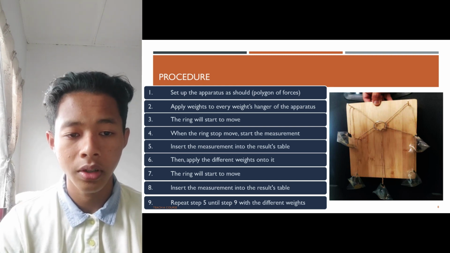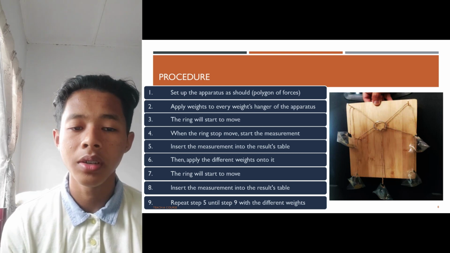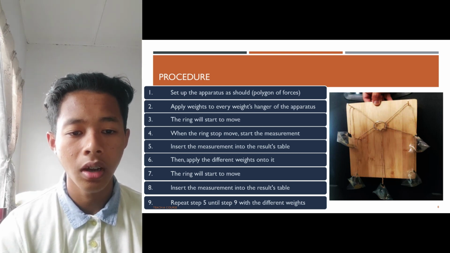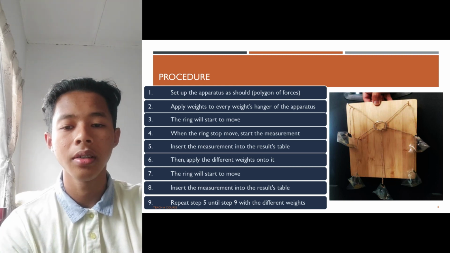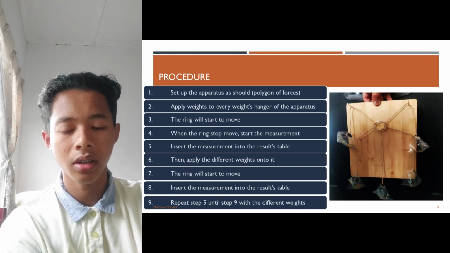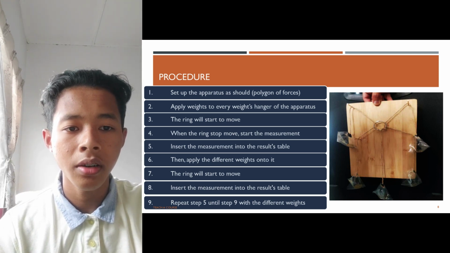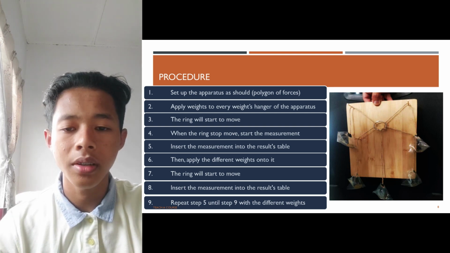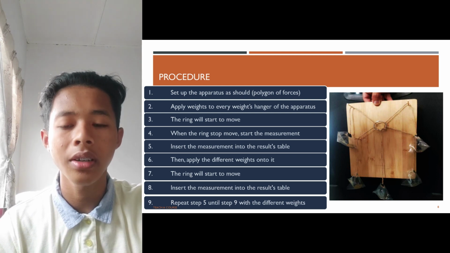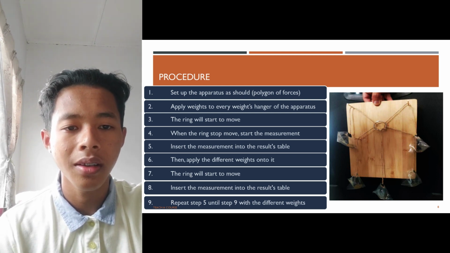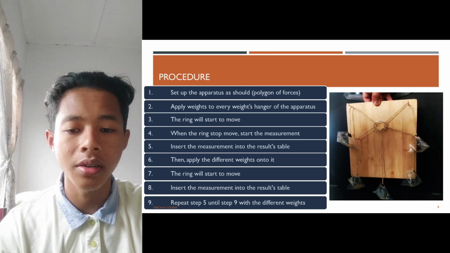Then, when the ring stops moving, start to take the measurement. After that, insert the measurement in the result table. We are going to show that after. Then we repeat the steps from the second until the step for inserting the result of the measurement in the result table.